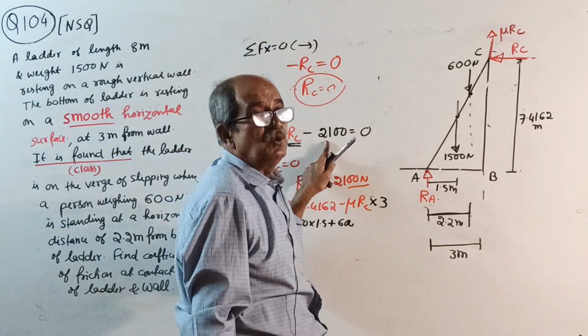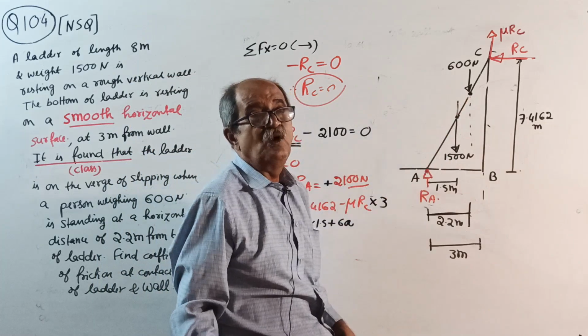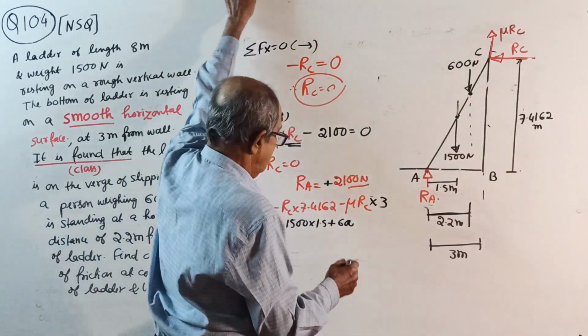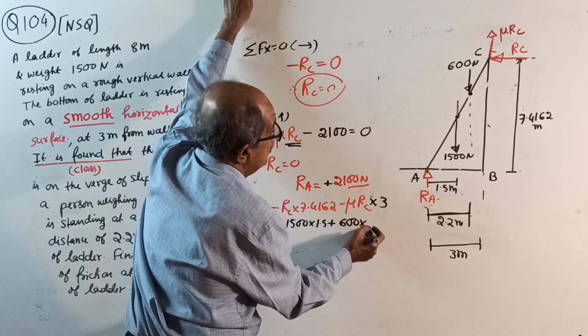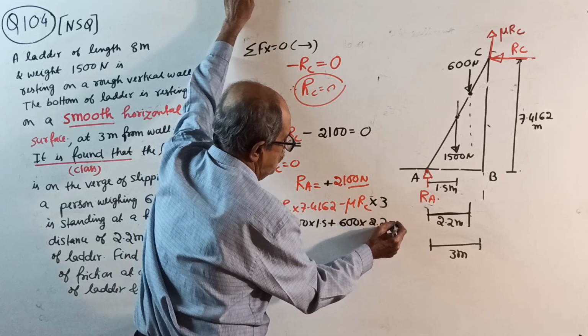Why? When you want only force, I can add those two. Now moment means distance is different. Plus 600 into 2.2 equal to 0.